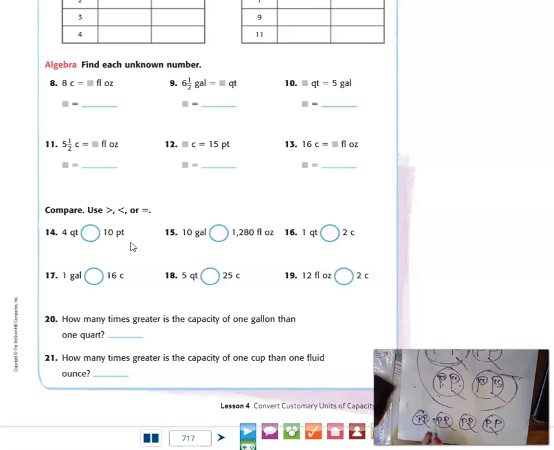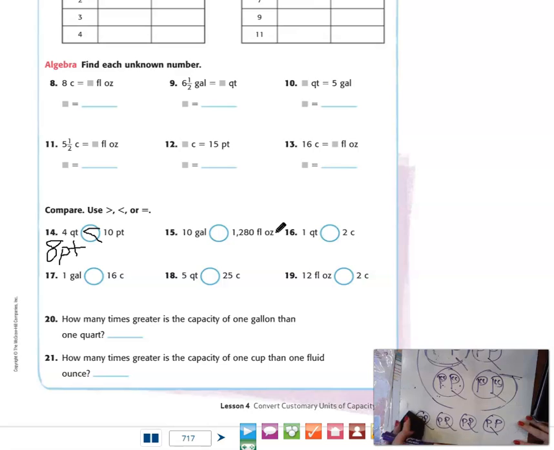And I see 1, 2, 3, 4, 5, 6, 7, 8 pints are in 4 quarts. So this side would be 8 pints. And this side is 10 pints. And clearly 10 pints is greater than 8 pints. Okay, same thing. 10 gallons to 1,280 fluid ounces.